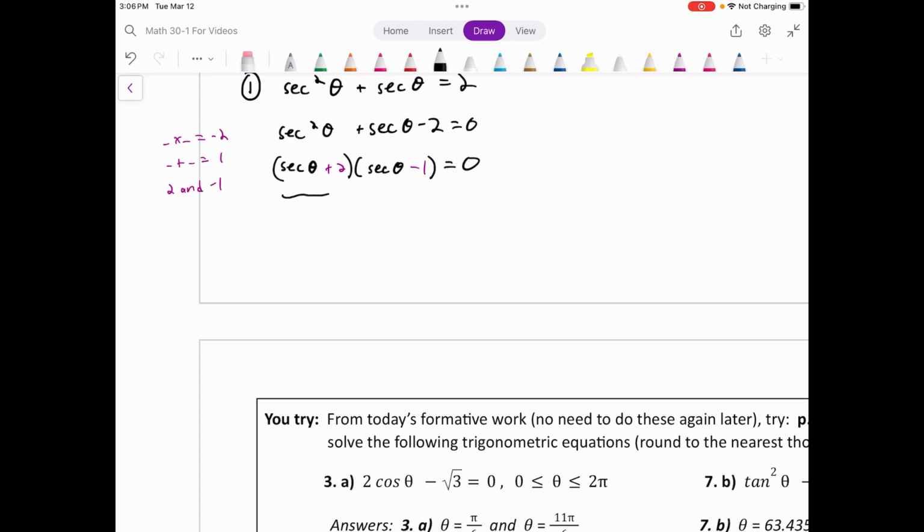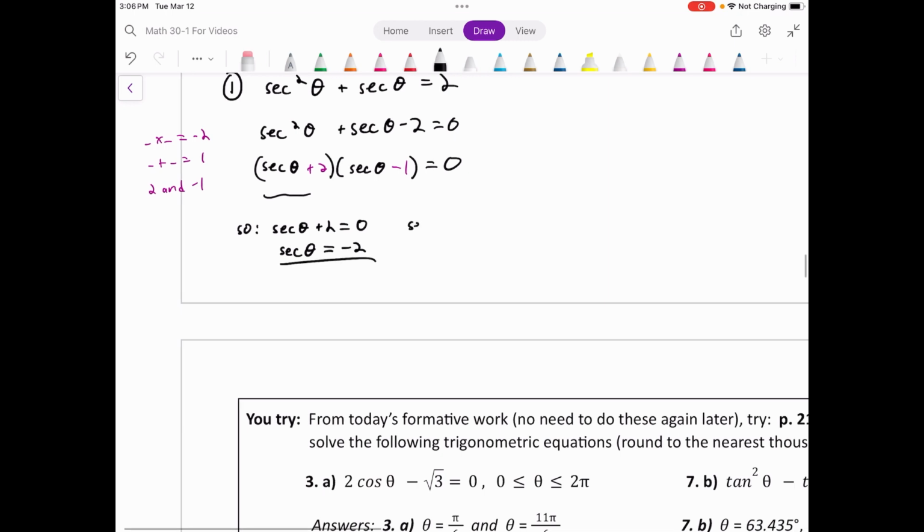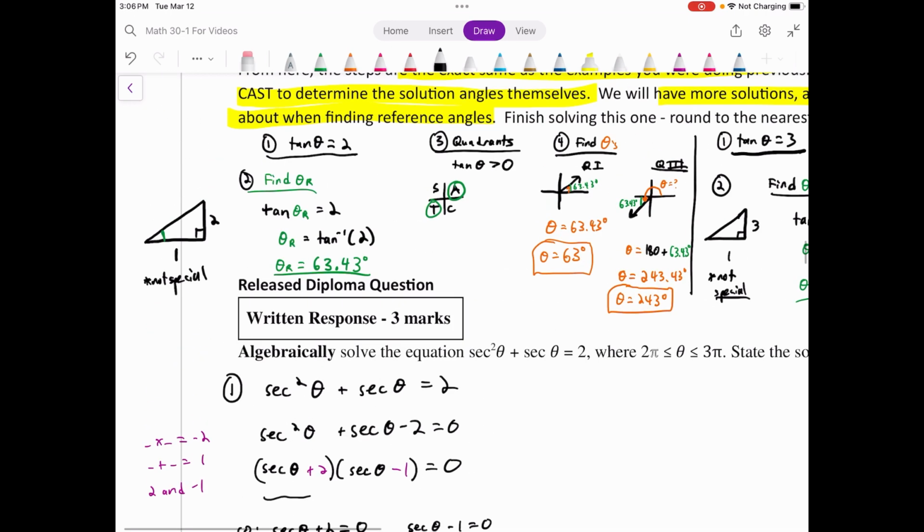Our two equations are, we need secant theta plus 2 to equal 0, and therefore secant theta to equal -2, right? And we need the secant of theta minus 1 to equal 0, and therefore the secant of theta to equal +1.